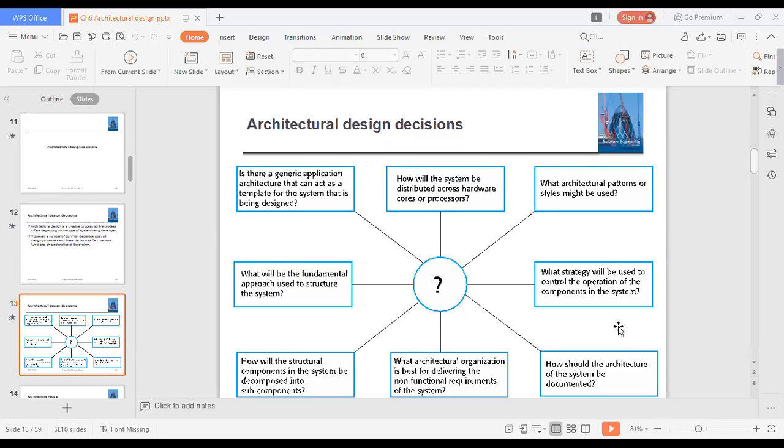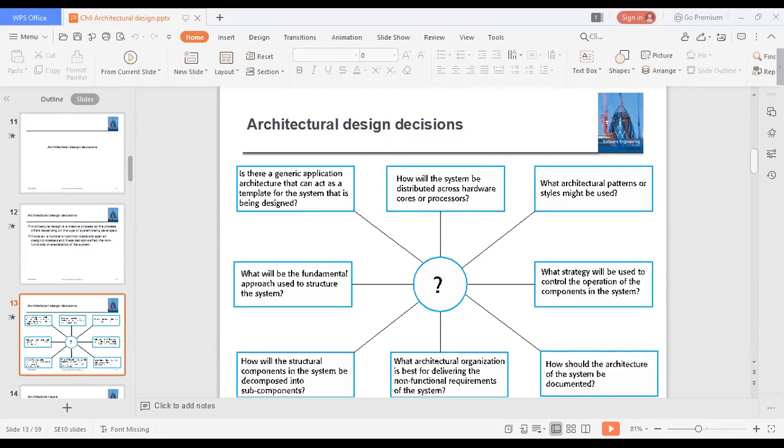How will the structural components in the system be decomposed into subsystems? This needs to be decided, or raised as a question. What will be the fundamental approach used to structure the system? And definitely what will be the fundamental model to structure the system?